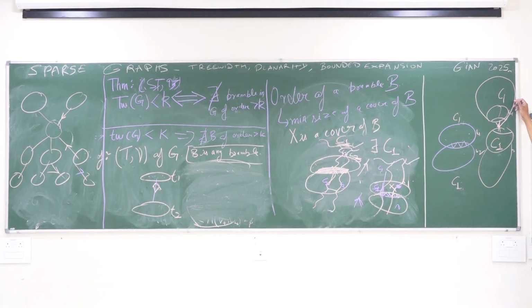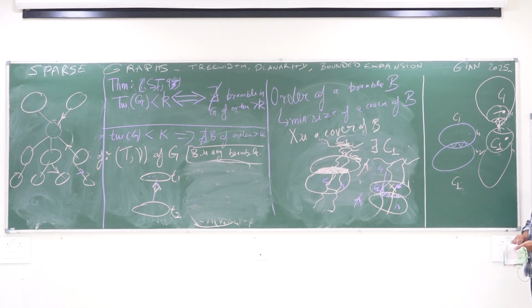And since everybody touches C1, everybody needs to reach here, and it will keep happening. Even if you want to touch C1, you cannot touch it from here. You need to be present at least here, because of the second property of the decomposition, that the edge is there in a bag.